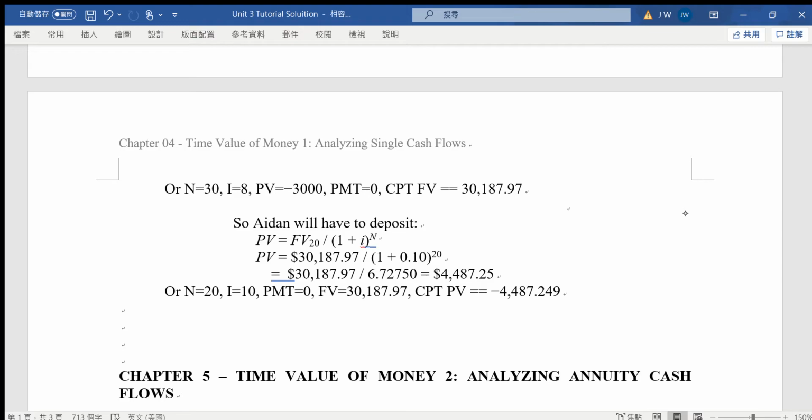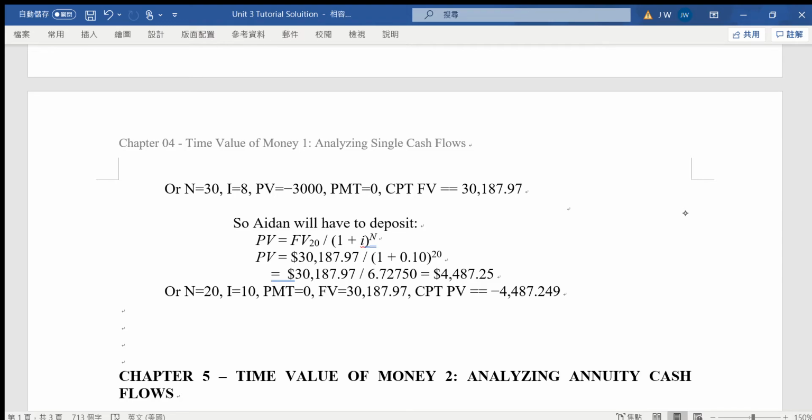Because that is the 30 years afterward, Haley will receive 30,187.97. We need to discount this amount to the present moment so that we know what Agent should invest now. That will be discounted by 20 years under the 10% interest rate.